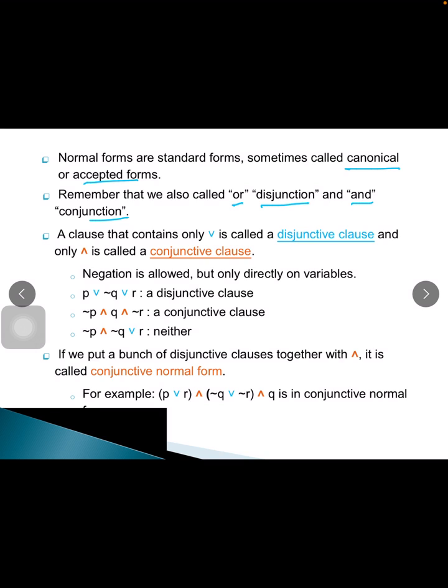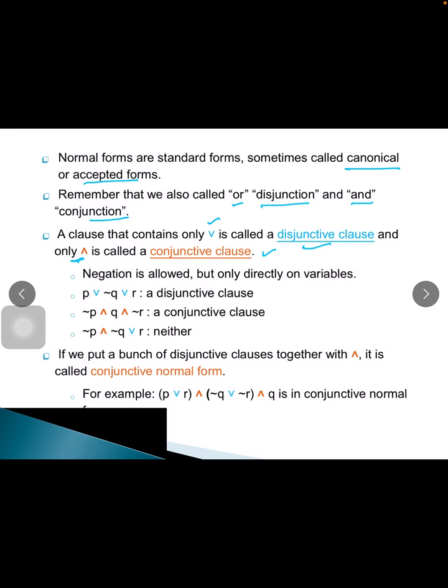Now a clause that contains only the disjunction connective is called the disjunctive clause. And if all propositional variables are connected only with the conjunction, that is called the conjunctive clause.